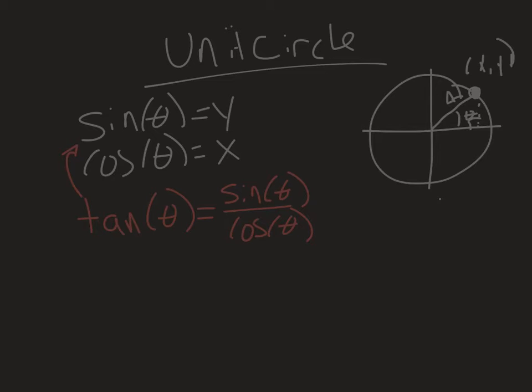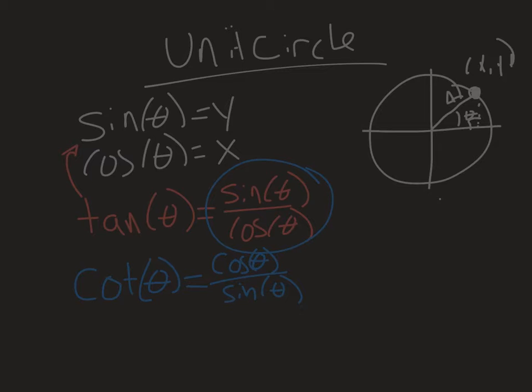We can, instead of using tangent, rewrite it as sine and cosine as a quotient. Similar line of thinking if we look at the reciprocals of these. The reciprocal of tangent is cotangent, and that would essentially just be the reciprocal of this fraction. So instead of sine over cosine, it's going to be cosine of theta divided by the sine of theta.